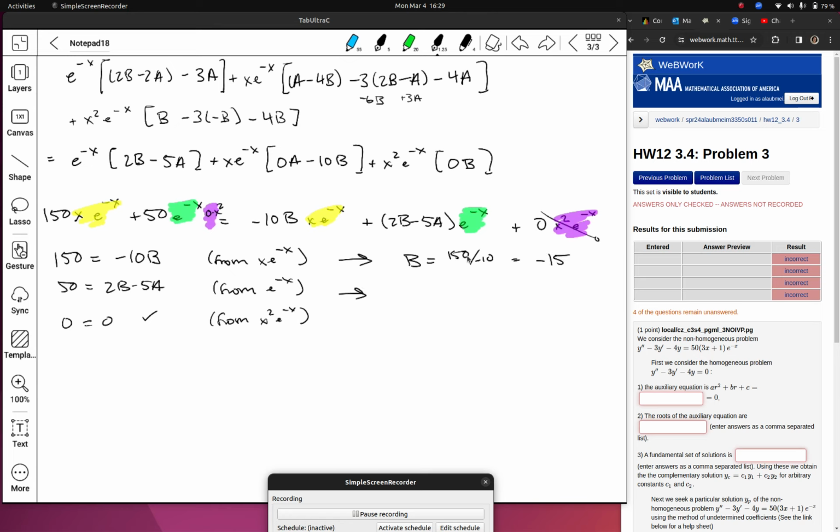And then this middle equation is going to give me 50 equals 2 times minus 15 minus 5a, or 50 is minus 30 minus 5a. 80 is minus 5a, which is going to give me a is 80 over minus 5, which is minus 16. Yeah, that looks right.